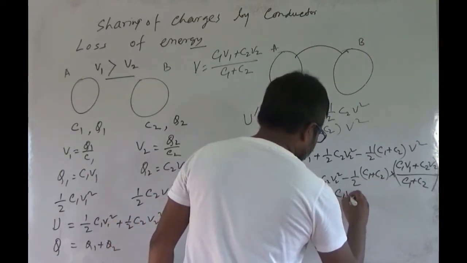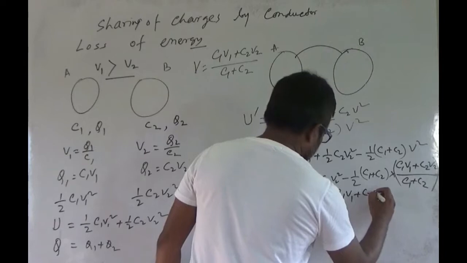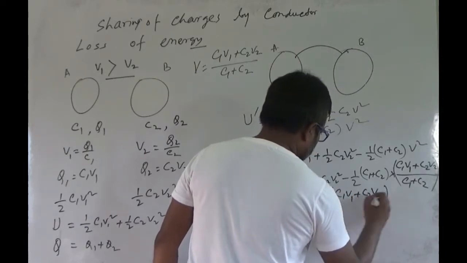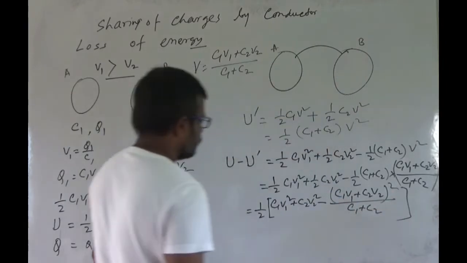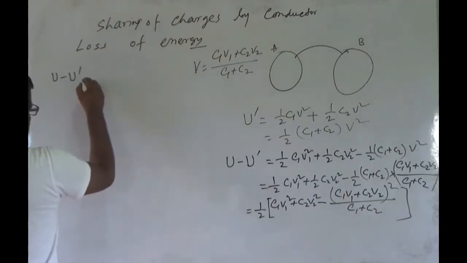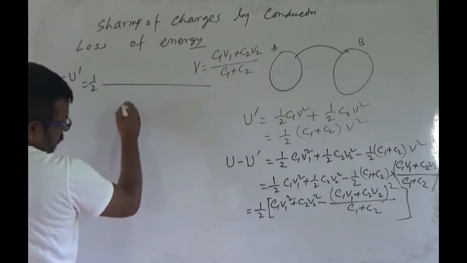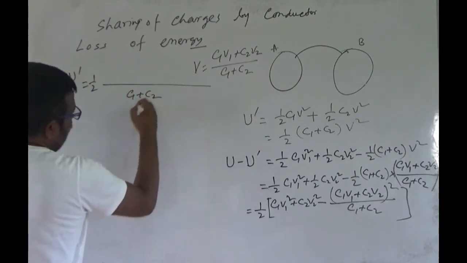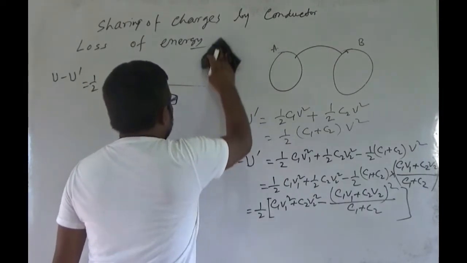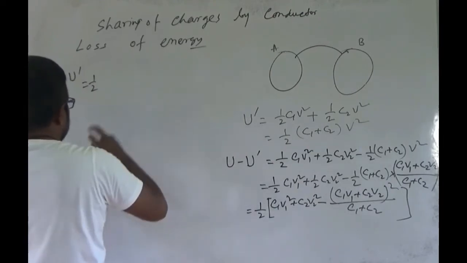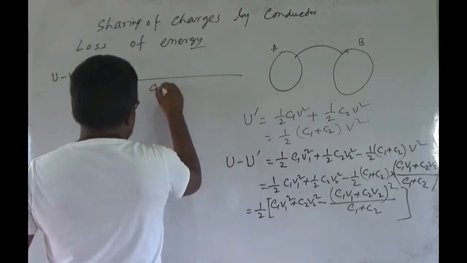That means you can write (C1 plus C2)(C1 V1 plus C2 V2) whole square divided by (C1 plus C2). You can write U minus U dash equal to half, and C1 plus C2 is the denominator or LCM.